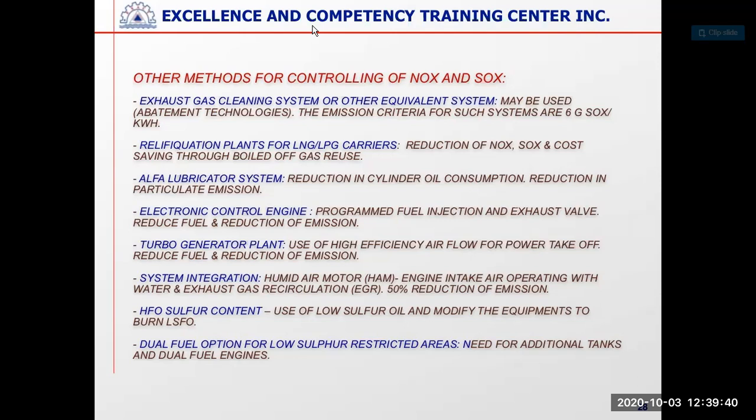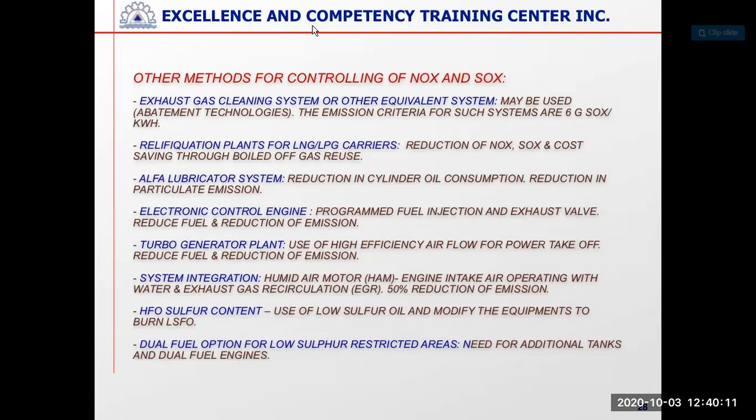Alpha lubricator system, electronic control engines, turbo generator plant, where high efficiency of air flows for power takeoff reduces the fuel and emissions. In system integration, as we saw, humid air motor where wet steam is passed in the engine, engine intake air operating with water, and exhaust gas recirculation, 50% reduction of emission.